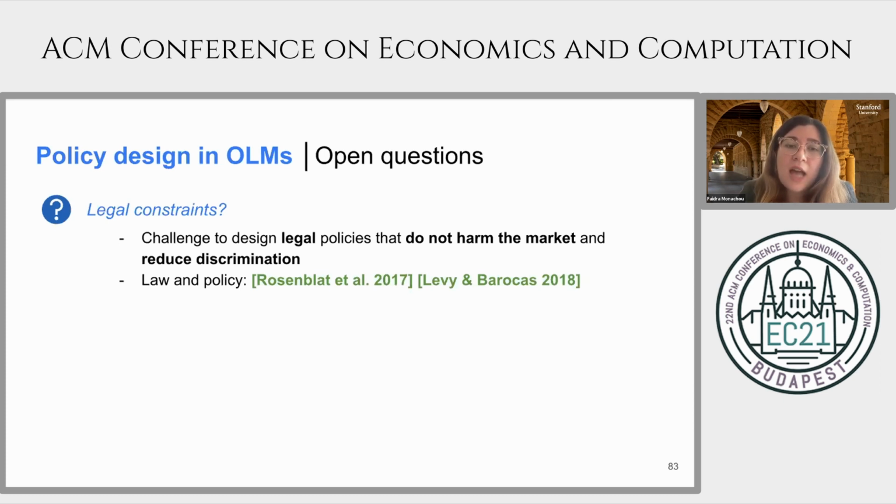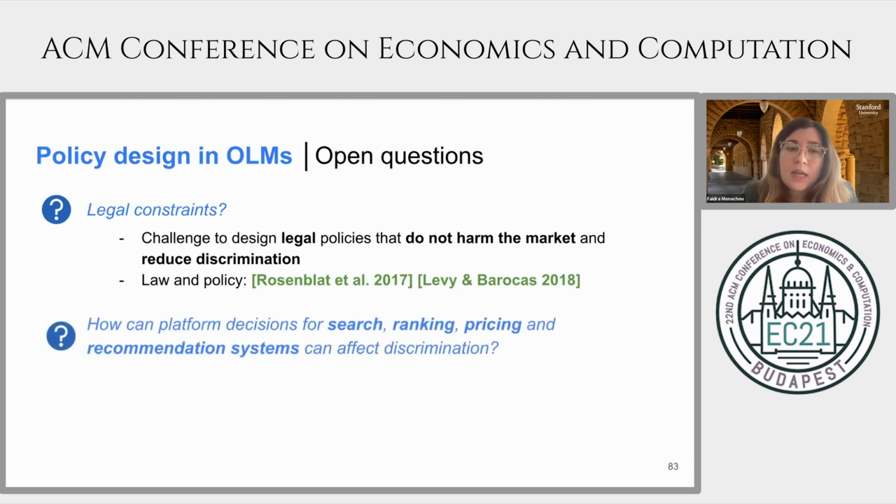So it is still a challenge to design legal policies that do not harm the market and still reduce discrimination. Another question is how the platform decisions for search, ranking, pricing, and recommendation systems can affect discrimination. And I think this is a series of very interesting questions in the intersection of operations and fairness this time that we can start looking at.